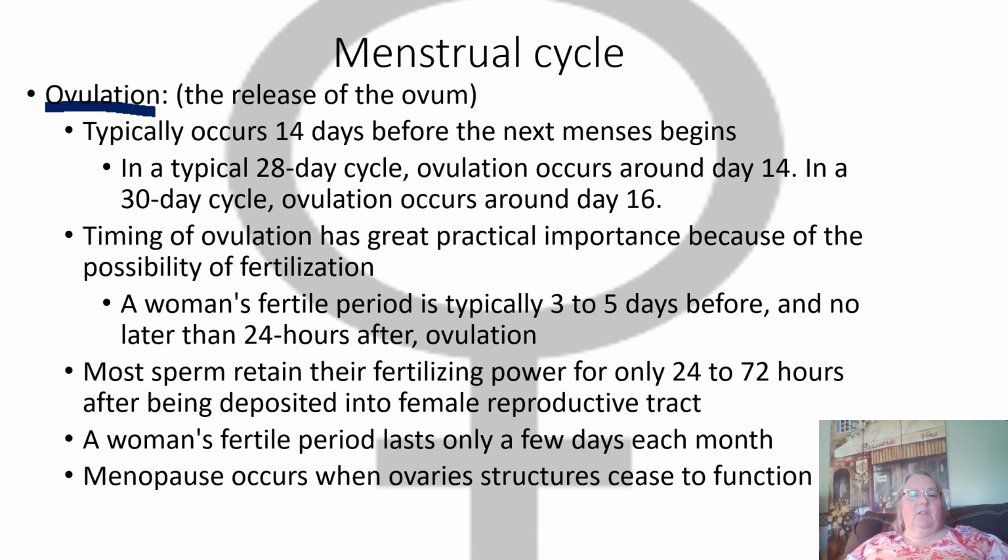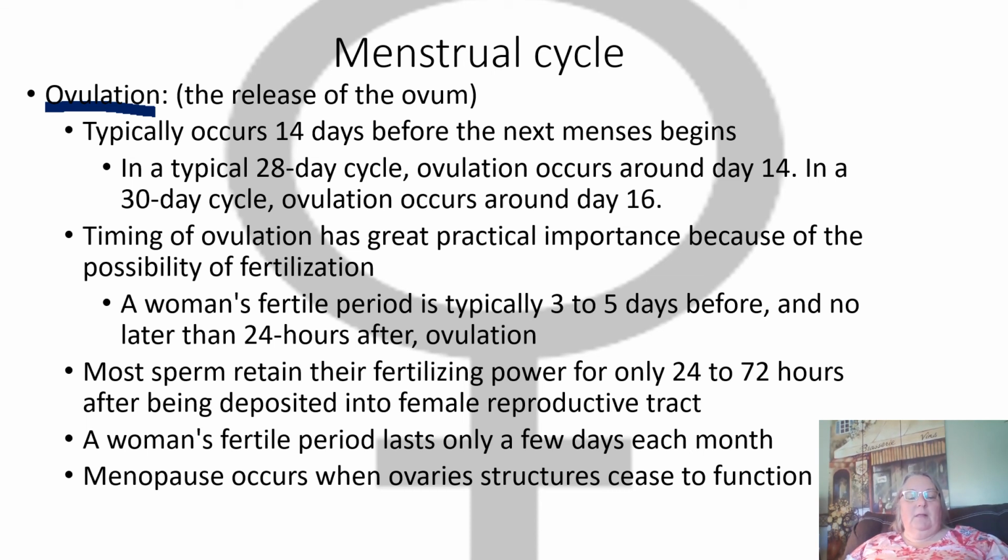Timing of ovulation has great practical importance because of the possibility of fertilization. A woman's fertilization period is typically 3 to 5 days before and no later than 24 hours after ovulation. Most sperm retain their fertilization power for about 24 to 74 hours after being deposited into the female reproductive tract.